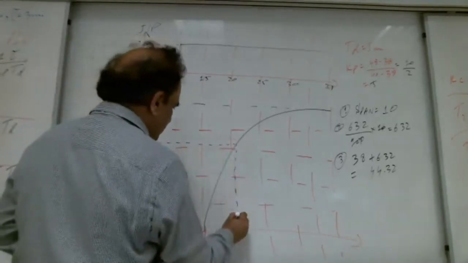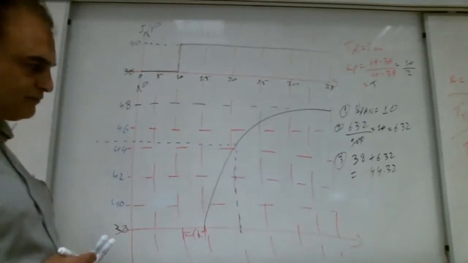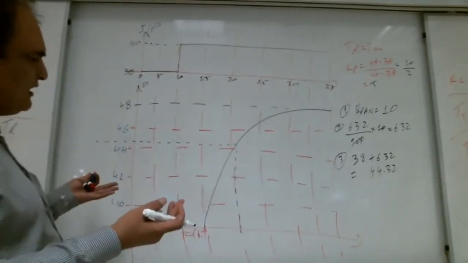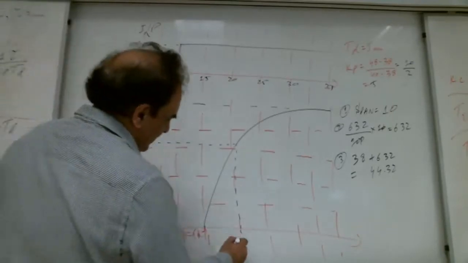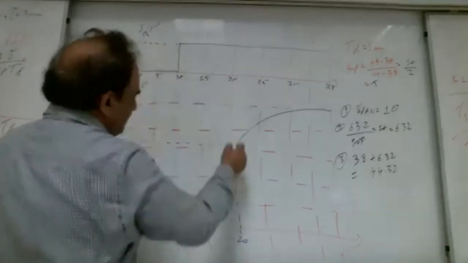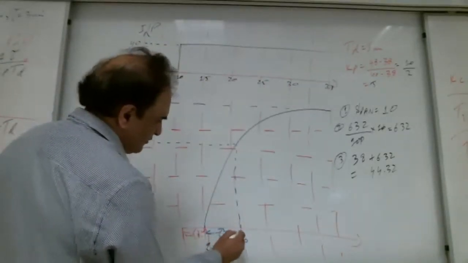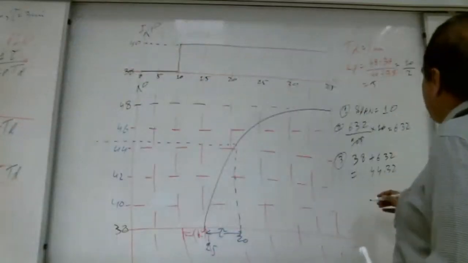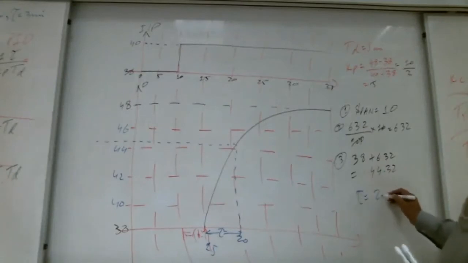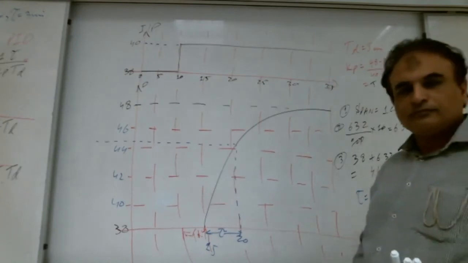We can say 21 or even 20 is fine, no problem. A lot of brothers are writing 20. Take 20, no problem. This is 20 and this is 15. So what is the time constant? 20 minus 15 is 5. Tau is equal to 20 minus 15, which is 5 minutes. Right, Shabab?